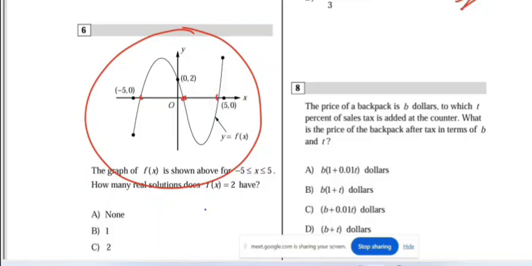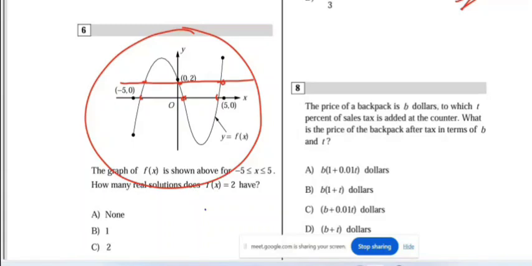Now, the question says that you should find the solution for f of x equal to 2. So you are not considering the x-axis now. You are looking for a line where y is equal to 2. That's f of x equal to 2. So you just produce that line. We are looking at the points where this curve cuts this line; you just locate the points.